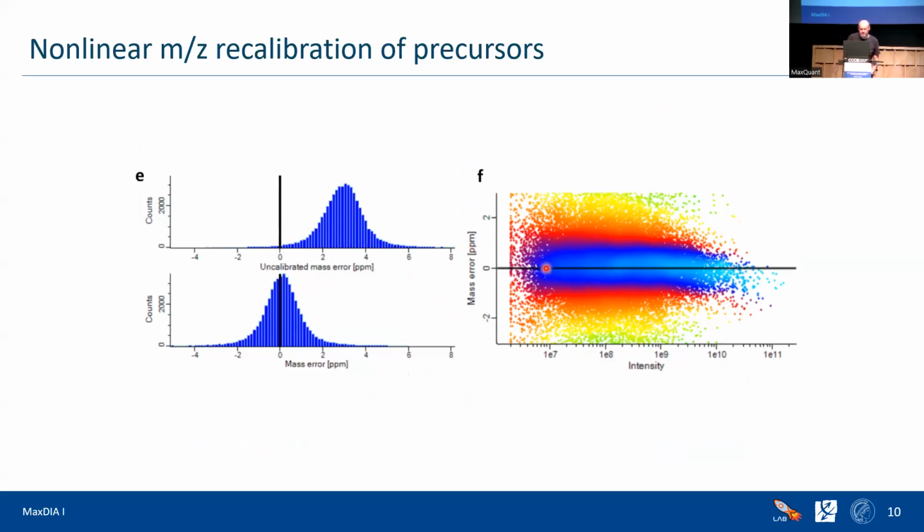You can also see that the mass error does not depend on the intensity here, but this is just a consistency check in this case because this was Orbitrap data. For Orbitrap data, the error never depends on the intensity to start with. But for TOF data, where the error actually does depend on the intensity, we also have an intensity-dependent recalibration in the workflow.